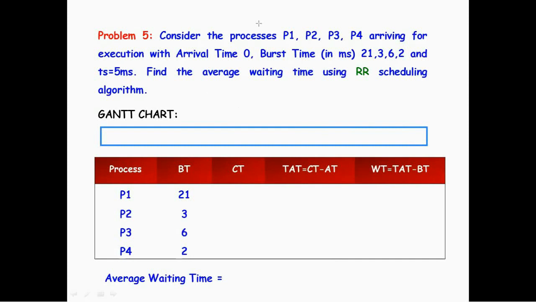So P1 needs 21 milliseconds for execution. Hence from 0 to 5. Why it has been taken as 0 to 5 means the time slot is only 5 milliseconds. So 5 milliseconds alone will be allocated for a process.